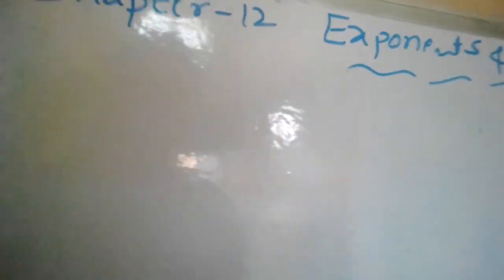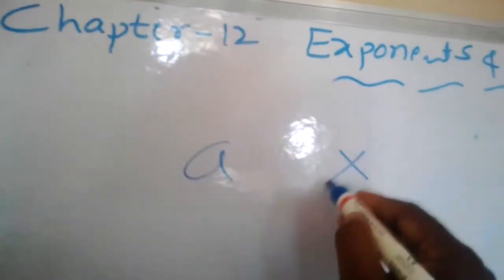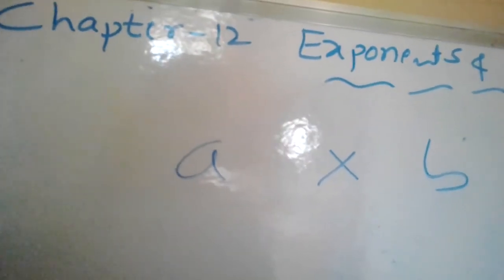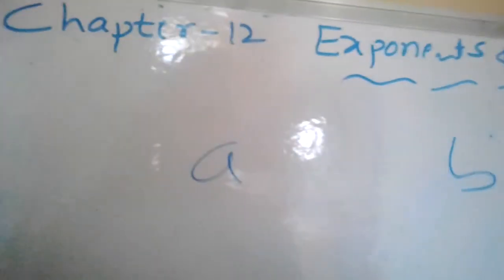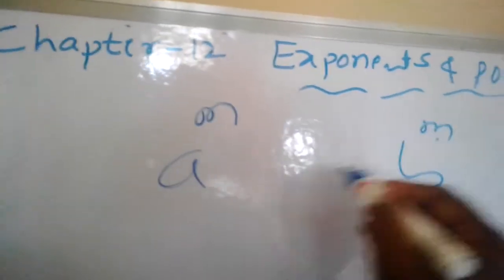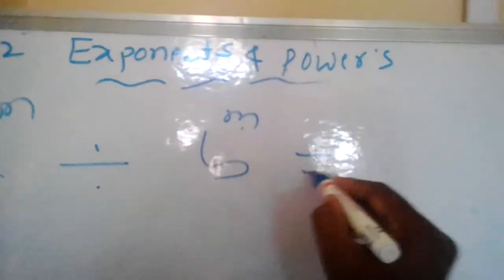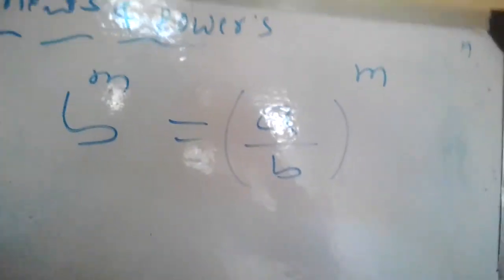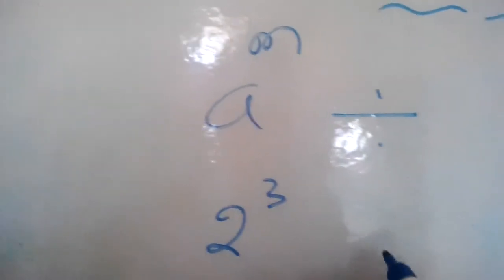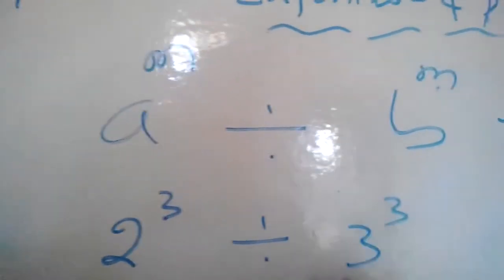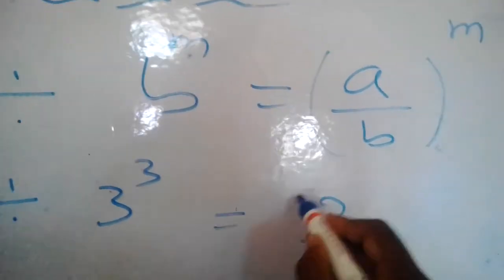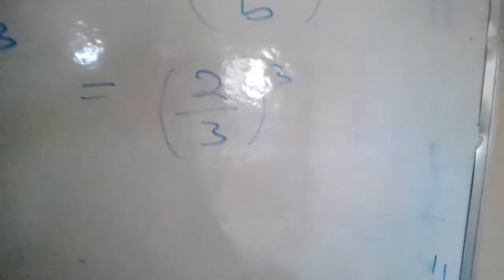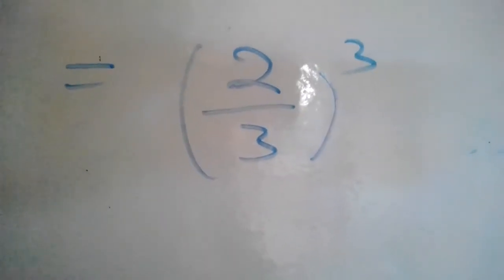For any non-zero rational numbers a and b and an integer m, with the power m, when they are divided, then divide the bases a and b, keep the power as it is. For example, 2 cube divided by 3 cube, that is equal to 2 by 3 whole cube. Clear?